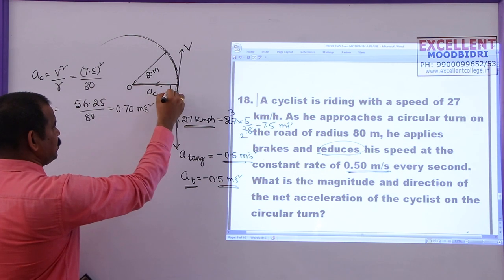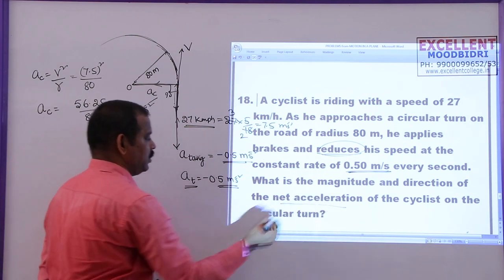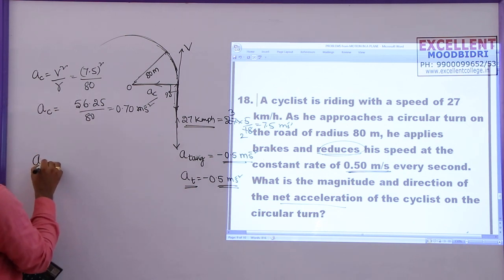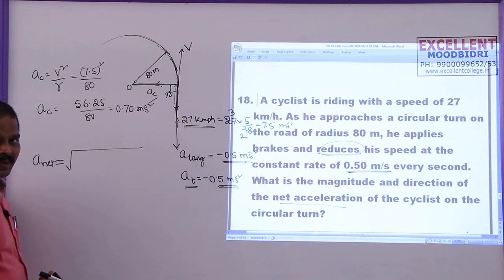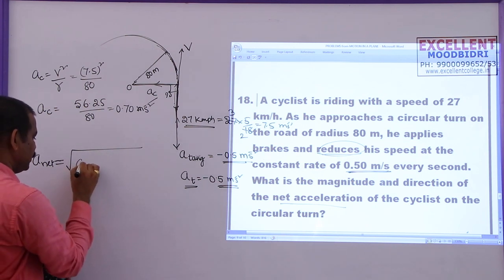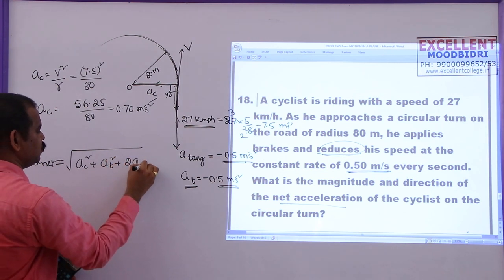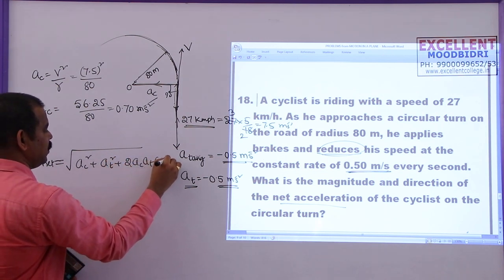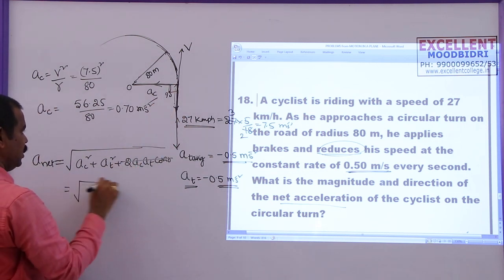Now the angle between these two is 90. They are asking us to find the net acceleration. From the law of cosines, or parallelogram law of vectors, this can be written as AC square plus AT square plus 2 AC AT cos 90, because the angle between these two is 90. So this will be 0.